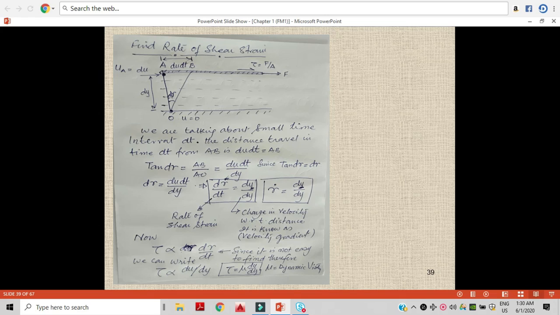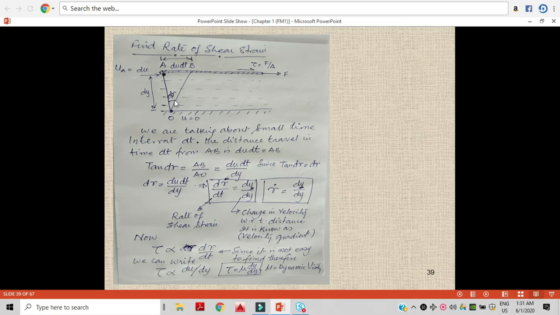Let's consider tan of d gamma is equal to AB over AO.